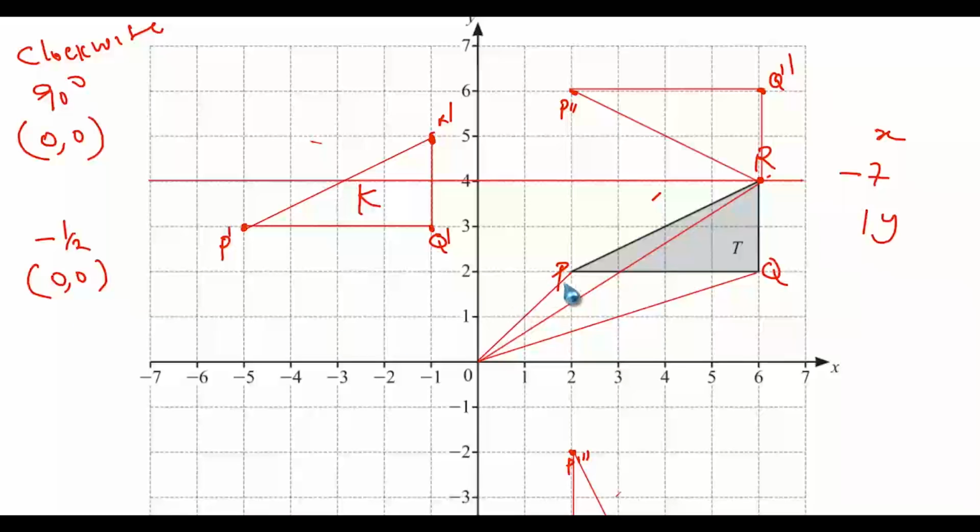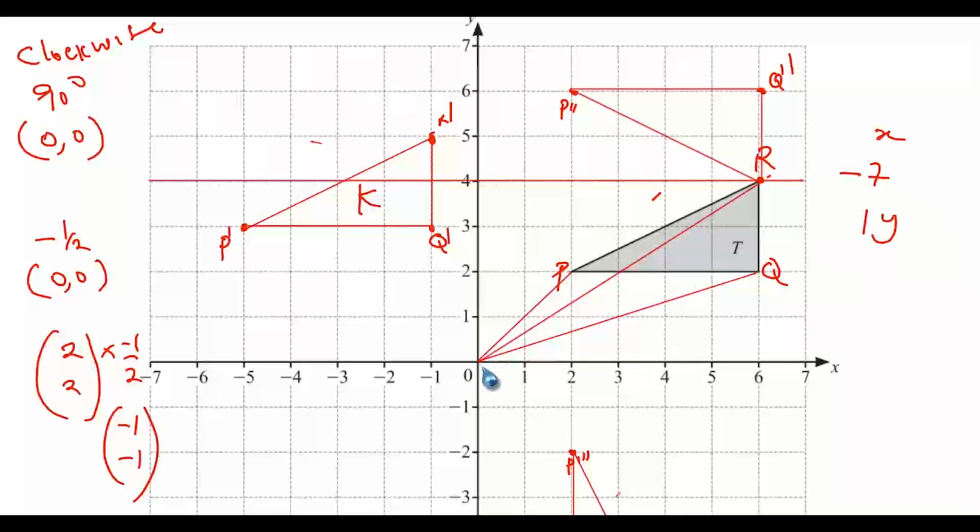Okay, so let's start with point P from the center of enlargement. So let's count the x and the y movements or steps. Okay, so we have 1, 2, 1, 2. So that means we have 2 by 2. So we need to multiply by the scale factor, that is times minus 1 over 2. Of course, this will give us a new vector that will be minus 1, minus 1. Okay, so that means from the center of enlargement we count 1 towards x and 1 in the opposite direction of this.